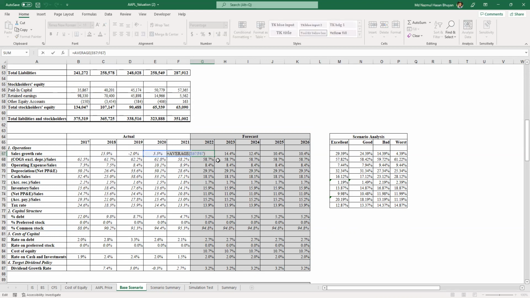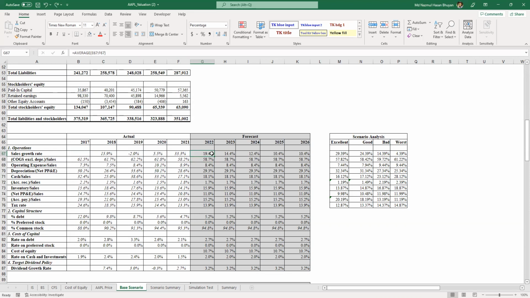You need to use your judgment to find out what should be your sales growth rate. Now, for demonstration purposes, say I expect that sales growth rate in the year 2022 will be the average of sales growth rate in 2020 and 2021. You may have a very different opinion. You may say, okay, I expect the sales growth rate to be the average of 2018 and 2019. So whatever your expectation, just apply it here.